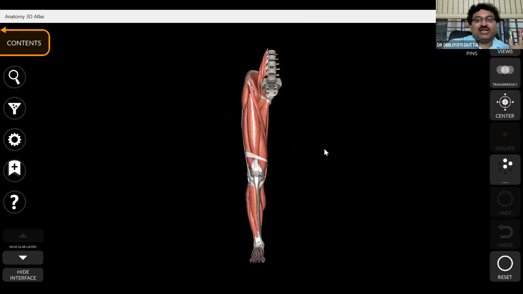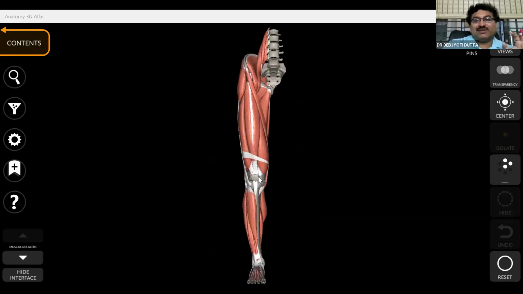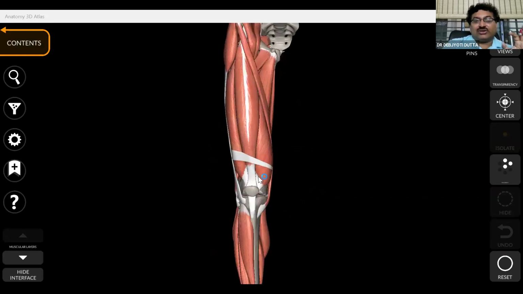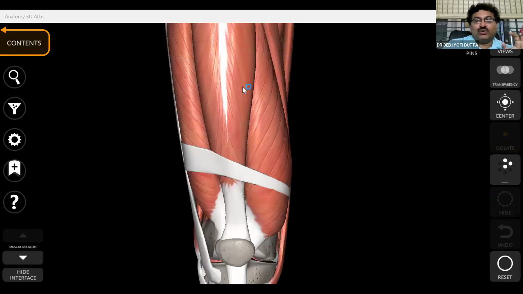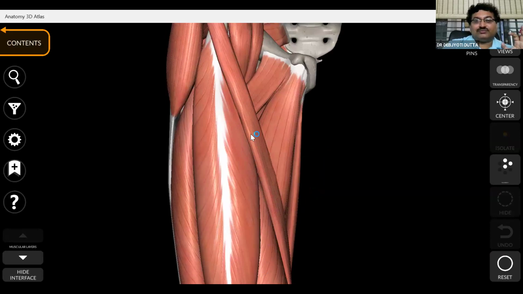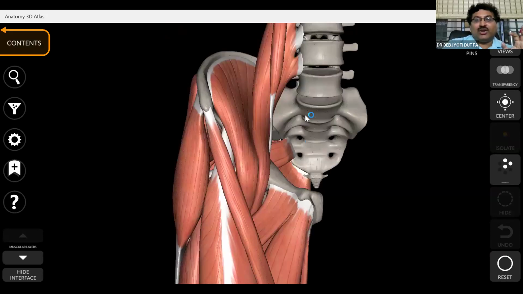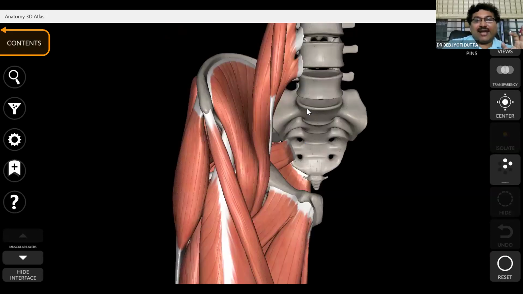Now, the most important portion, where we have to remember each and every step, is the muscles. So, let us zoom in and show you the muscles. Today, we are mostly concerned with the anterior portion of the hip.